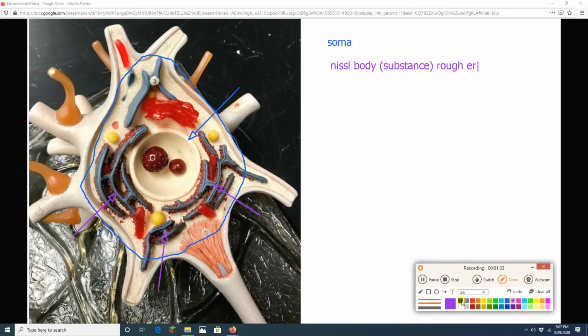Now, by the way, I should have mentioned this at the beginning, but I'll mention it now. The neuron we're looking at here, this whole neuron, is a multipolar or motor neuron. So there's two ways we can classify this guy.